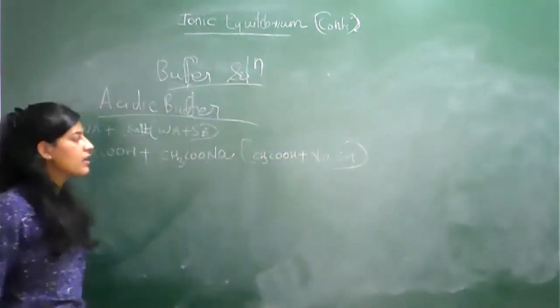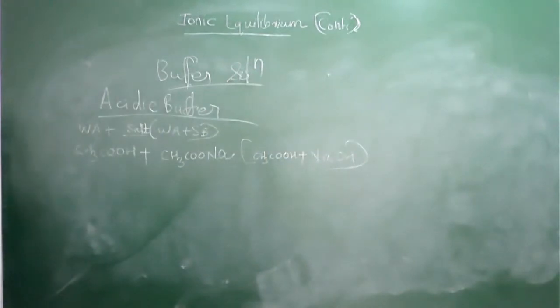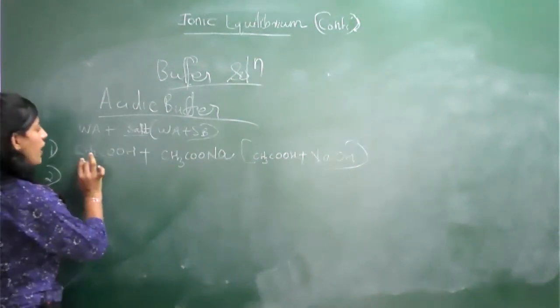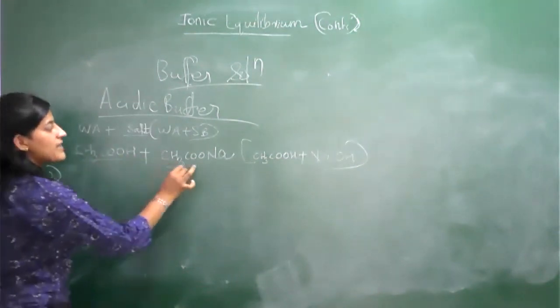So this is one example. This much only you need to check: one should be a weak acid, another should be a salt.